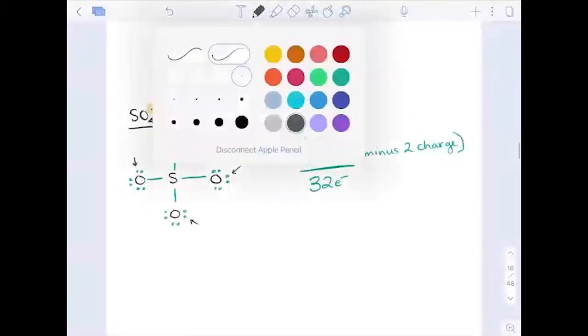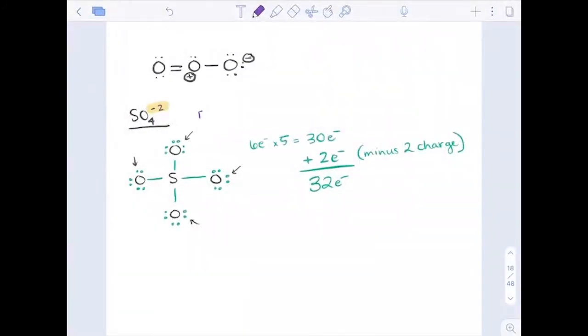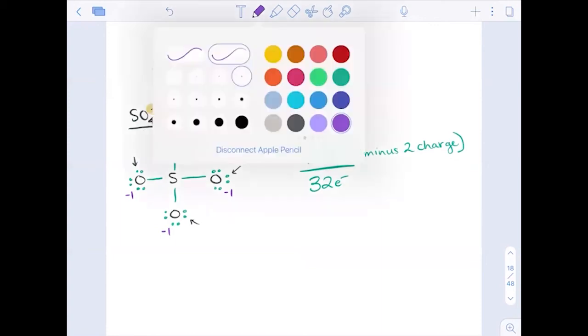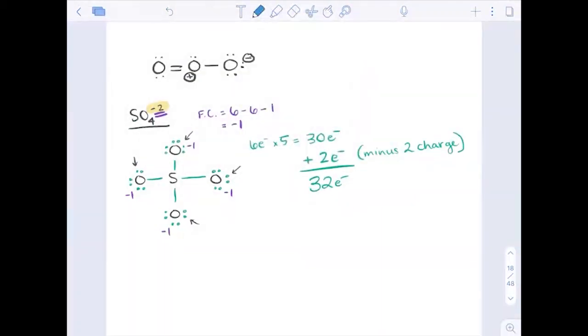Same formal charge. Those repetitious things should be noticed. Oxygen brought 6 electrons to the table. It owns 6 in lone pairs and it owns 1 in bonding. So there's a -1 charge on all of these oxygens. Well, I knew I was probably going to have some charge, but my goodness, there's some -1s all over the place.